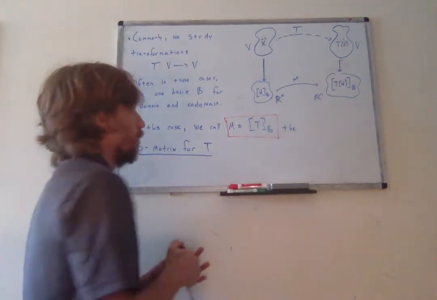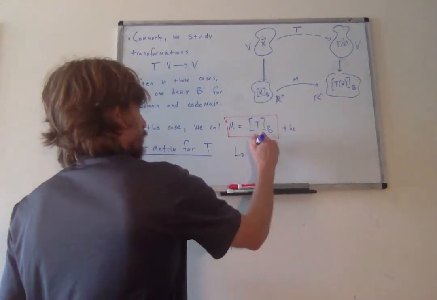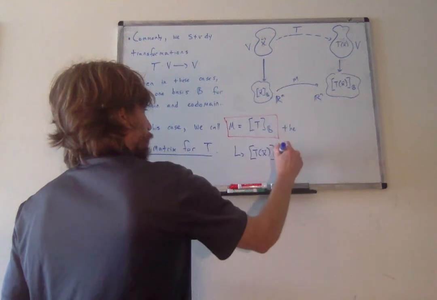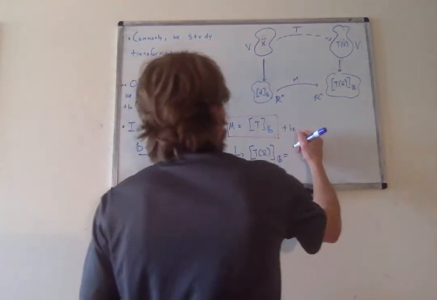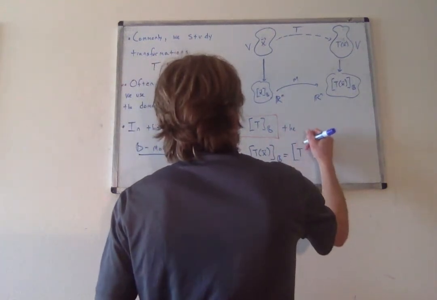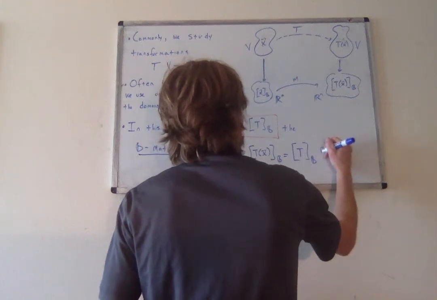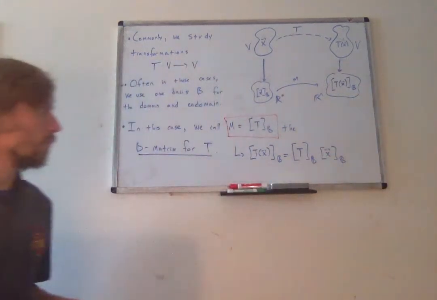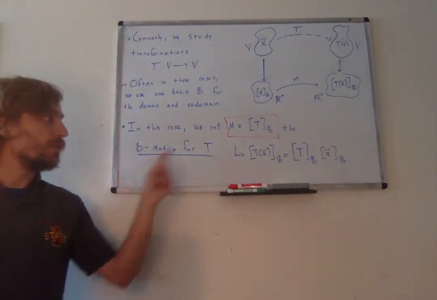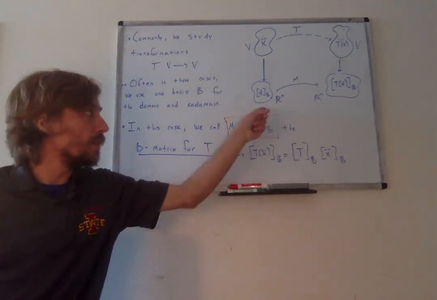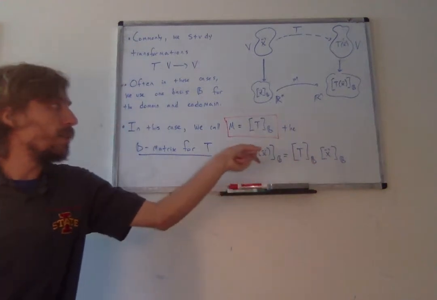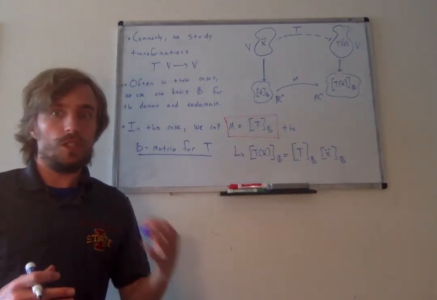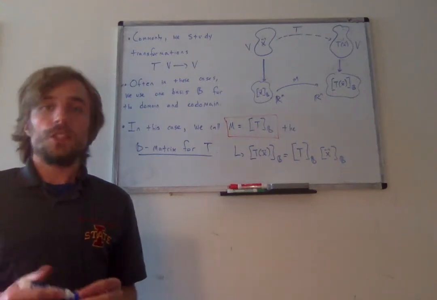Again, if we have the B representation of T of X, that's equal to this matrix T sub B times X sub B. This is called the B matrix for T. It takes the B representation of X and sends it to the B representation of its image.